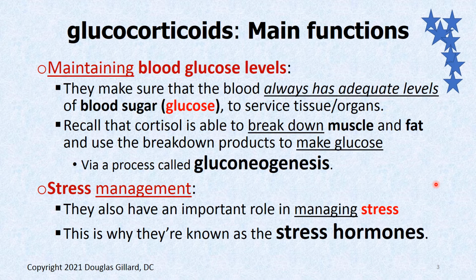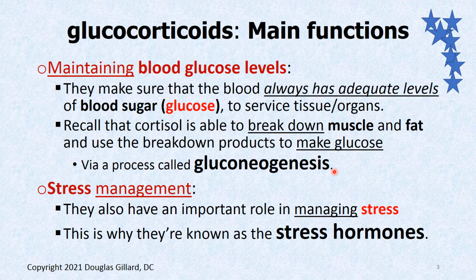So that's one of the jobs of cortisol, to make sure that we always have adequate levels of blood glucose. And we'll see where it comes from. Of course, you probably know already from biochemistry, it comes from the breakdown of muscle and fat via a process called gluconeogenesis.